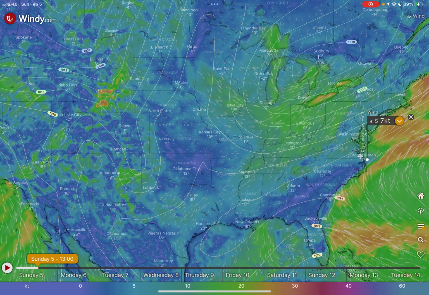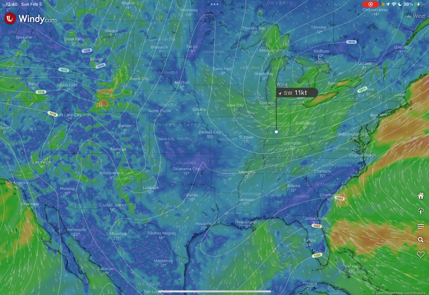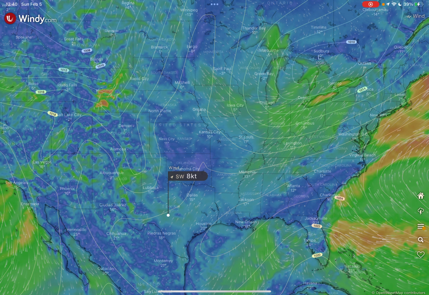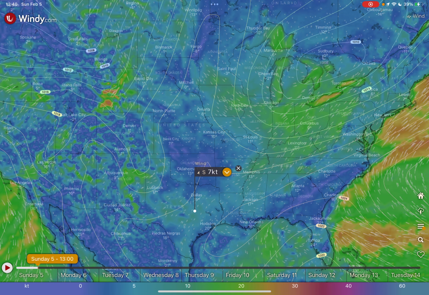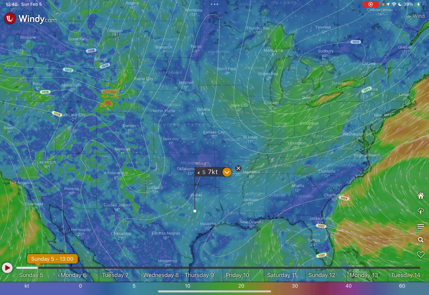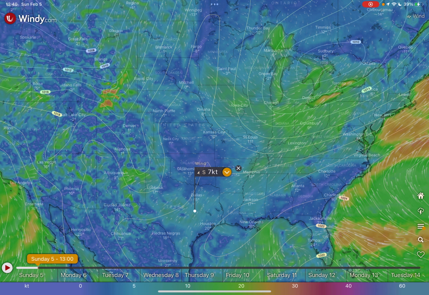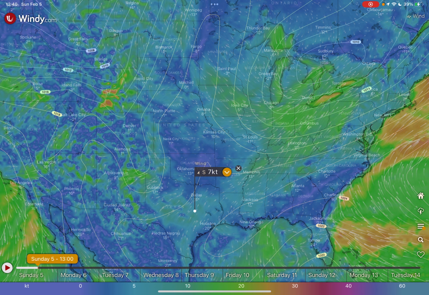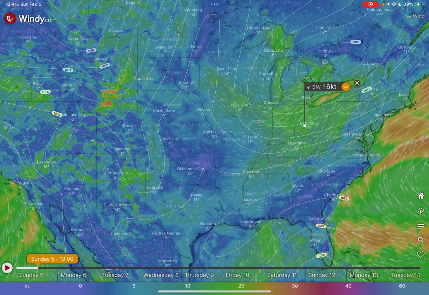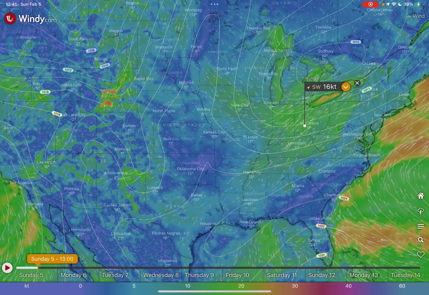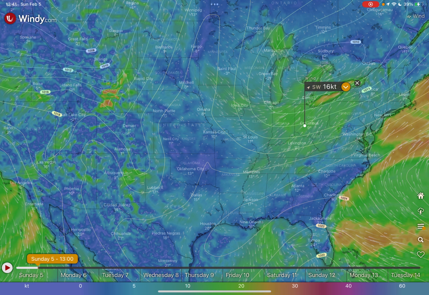Whereas in the Midwest right now we have like 10 knots of wind, maybe here we have like 4 knots of wind. So that is the idea: the larger the gradients, the more tightly packed the isolines, and then things can change more rapidly.